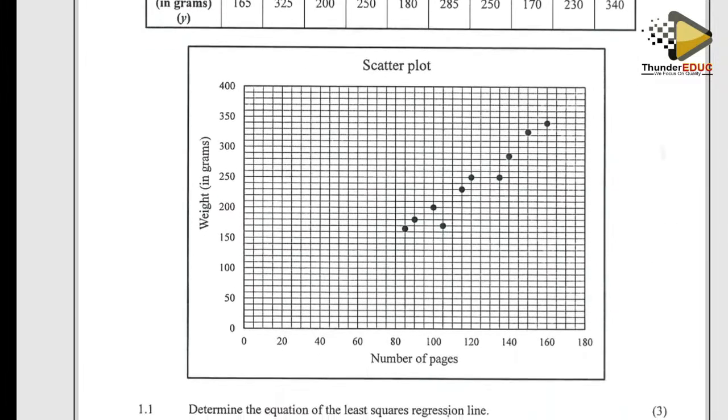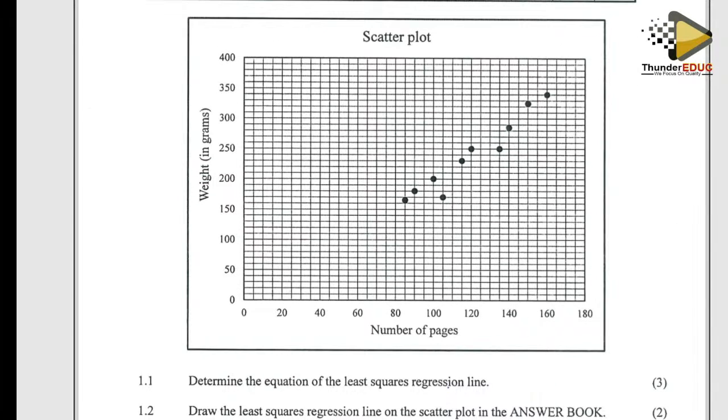So the equation of linear regression is given as y = a + bx, or some people prefer writing it as y = bx + a. It could be a small b or a capital B, whichever.